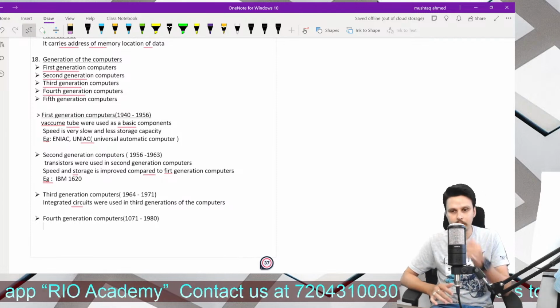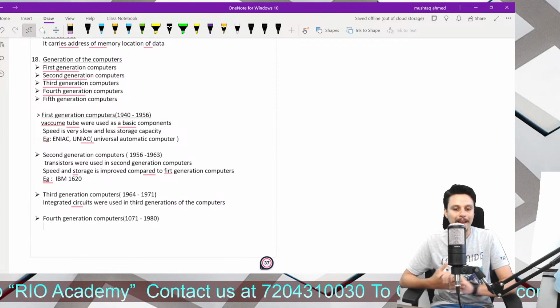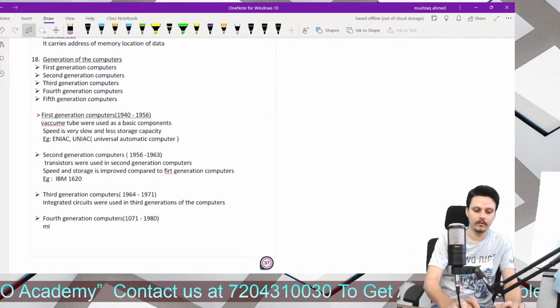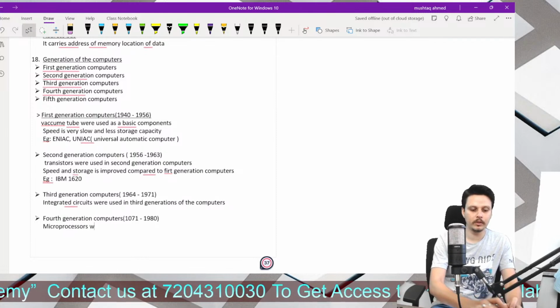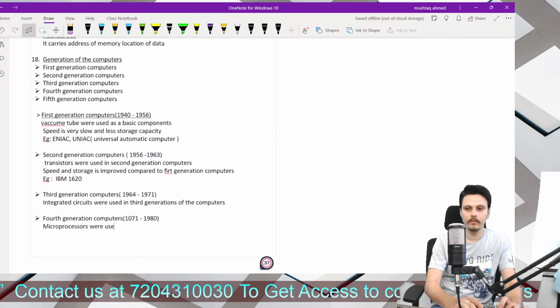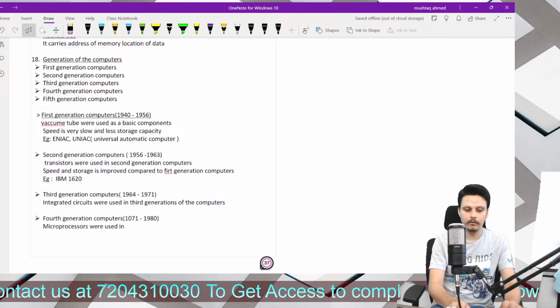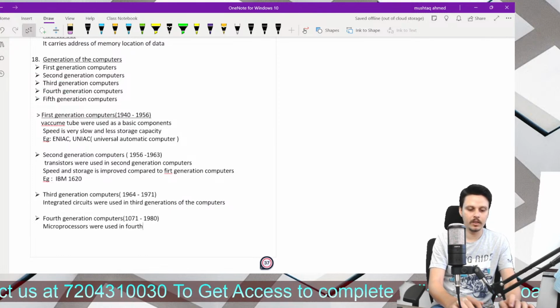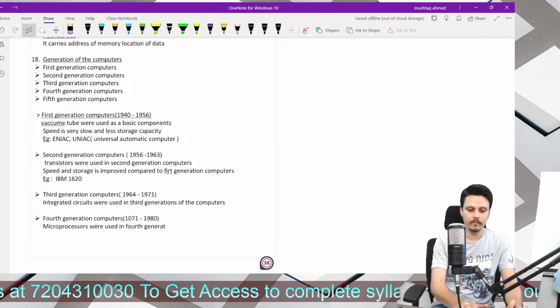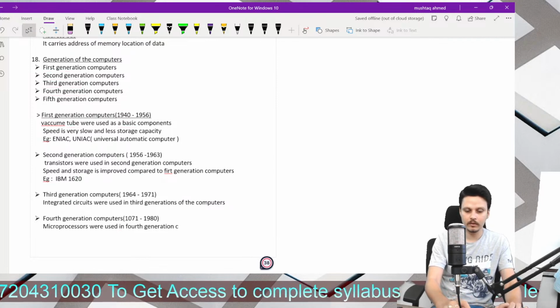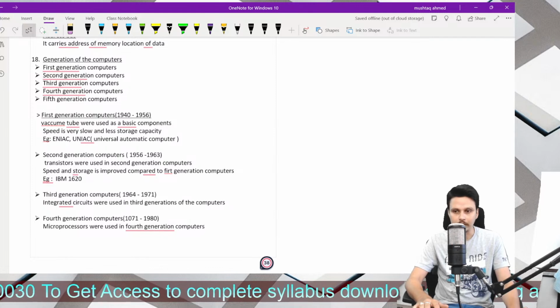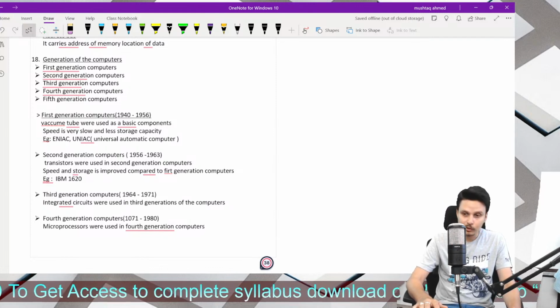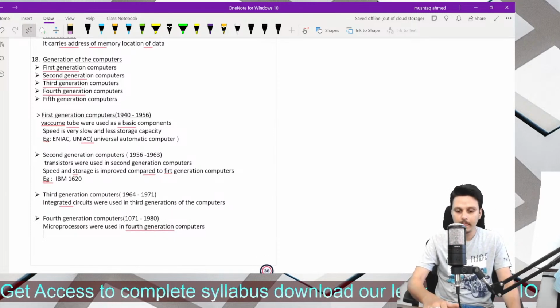So what is used in fourth generation of the computers? Microprocessors. Microprocessors were used in fourth generation computers.